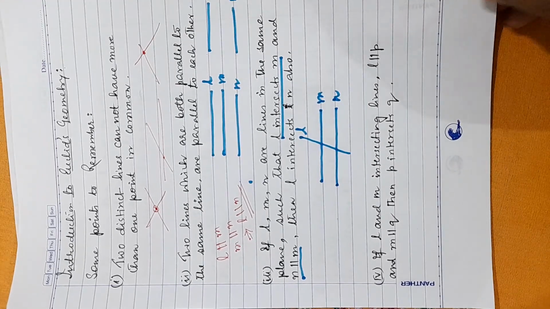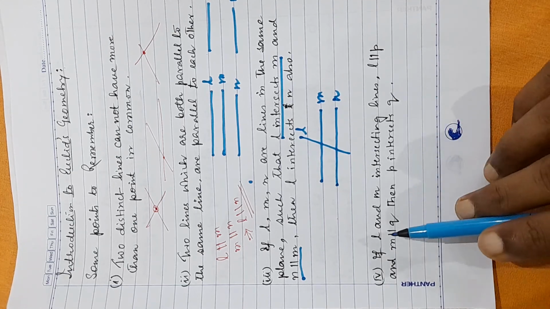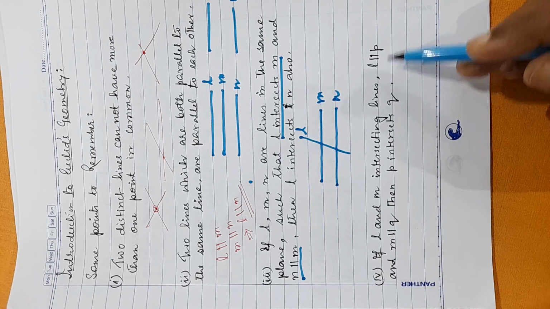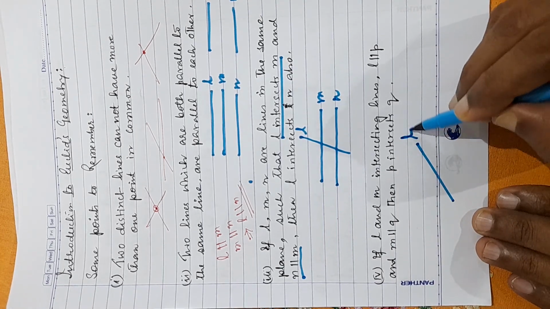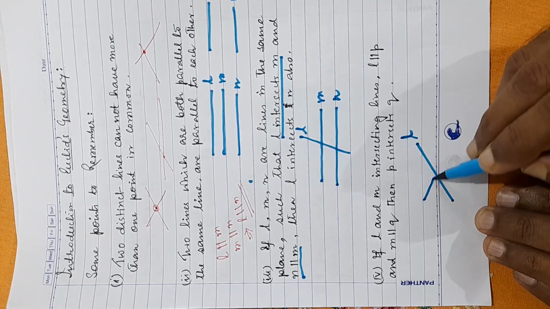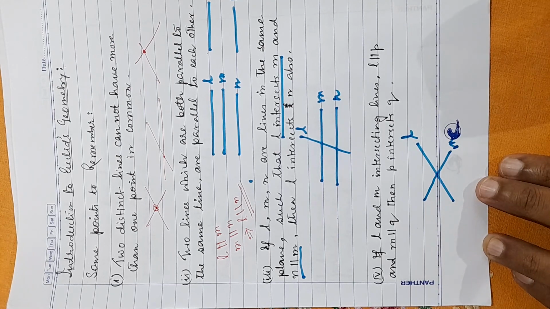Next, if L and M are intersecting lines, and L is parallel to P. This is L, and this is M. L and M are intersecting lines.